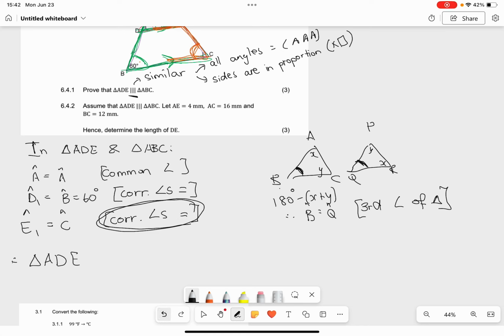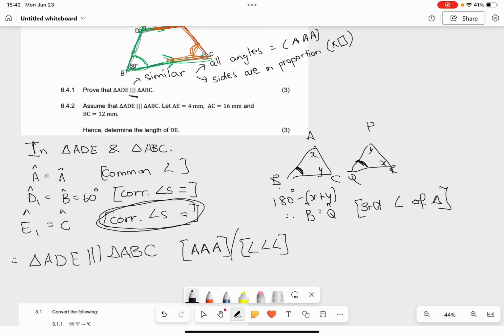We're talking about similarity here. Triangle ADE is similar to triangle ABC. And my reason is angle, angle, angle. Sometimes you'd see it written as A-A-A. Whichever one tickles your fancy is fine.